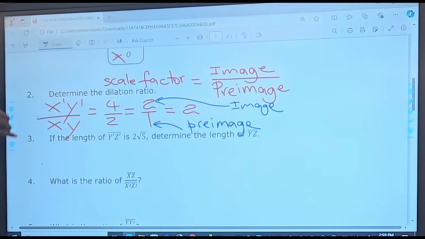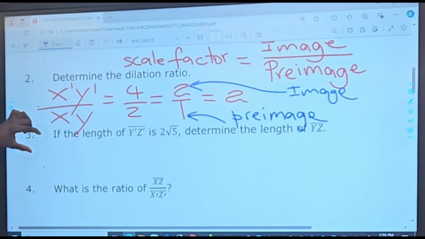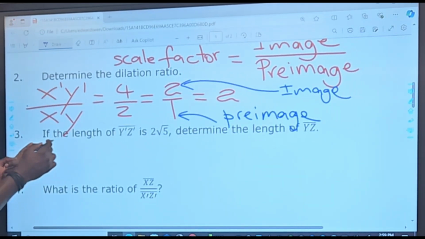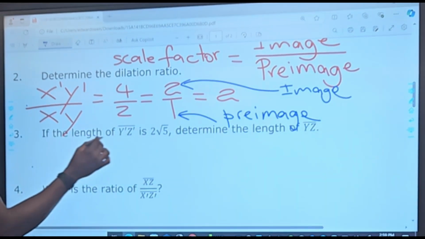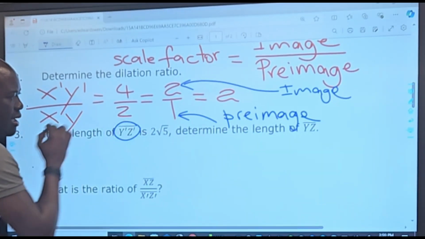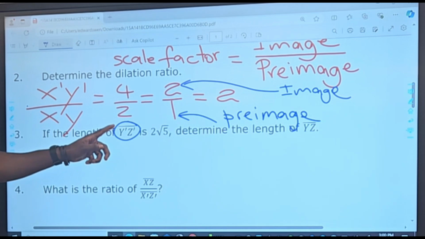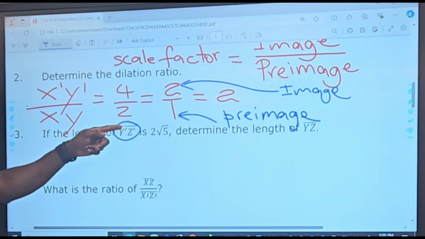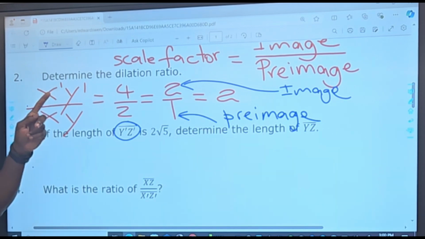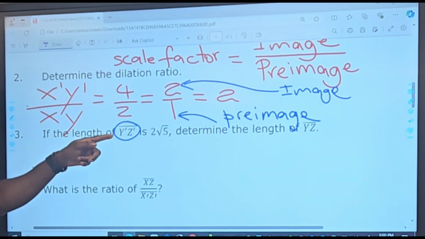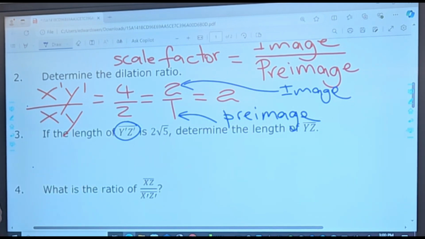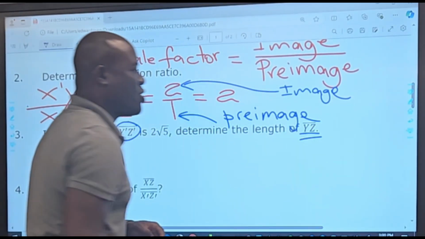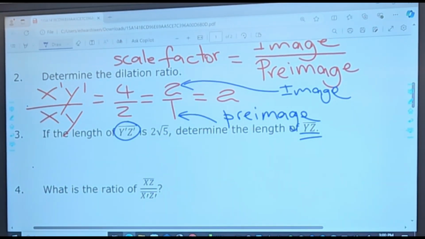Now let's take a look at the third question here. The third question says, if the length of this, and they gave us that, y prime and z prime. So y prime, z prime, this is from my image or pre-image? Which one? It is from the image. So in other words, if I have the image and I want to go to the pre-image, what's going to be the approach since I know the dilation ratio? The ratio is 2.